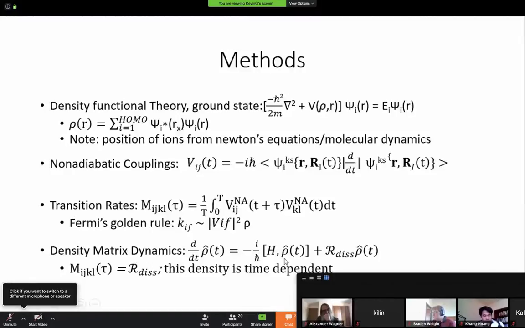So this is what I use to see how my charge density is changing with time. I use the commutator between my Hamiltonian and my time-dependent charge density, and I added this to my transition rates. This is equal to that times my time-dependent charge density. And I use this to find how my expectation values of position and energy are changing with time.